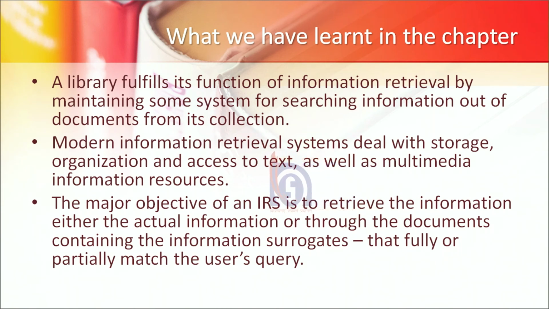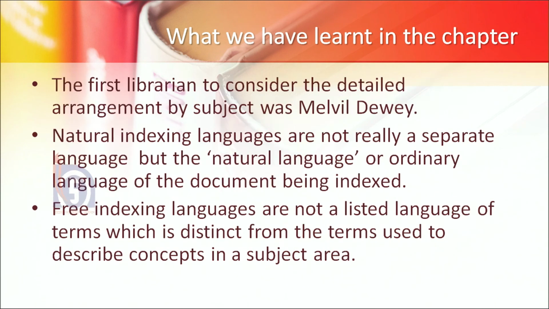Modern information retrieval systems deal with storage, organization and access to text as well as multimedia information resources. The major objective of an information retrieval system is to retrieve the information, either the actual information or the documents containing the information surrogates that fully or partially match the user's query.